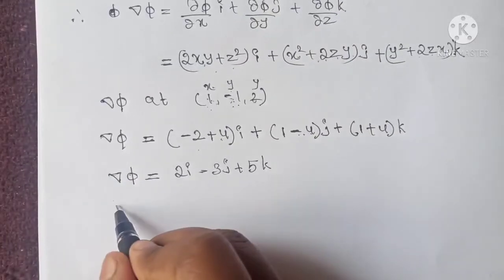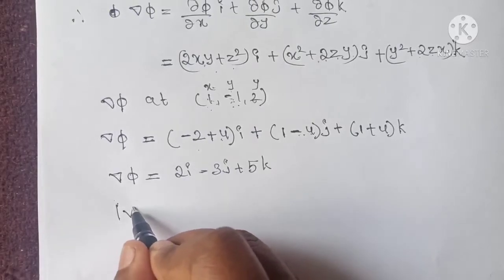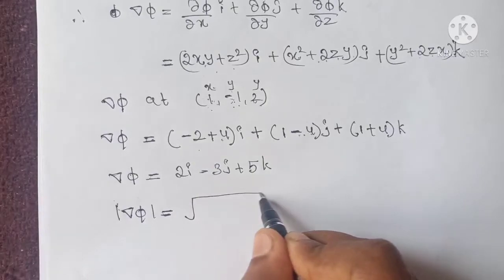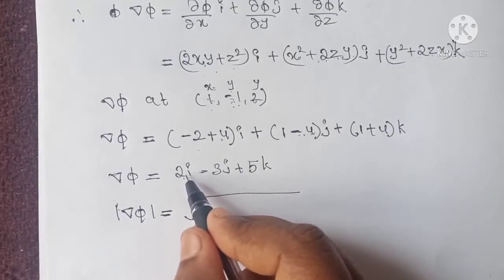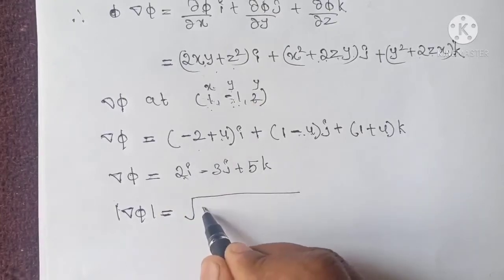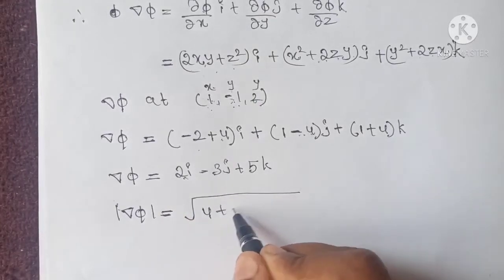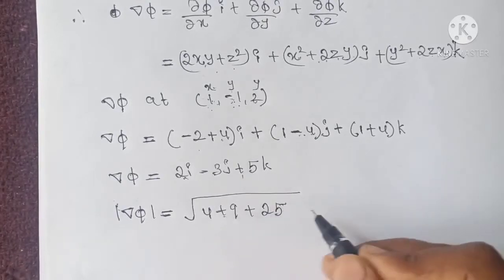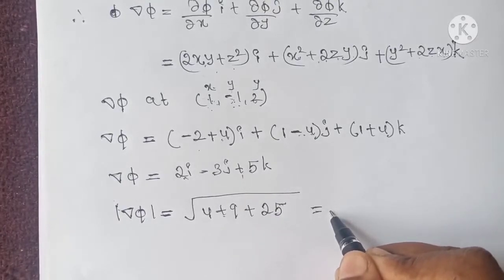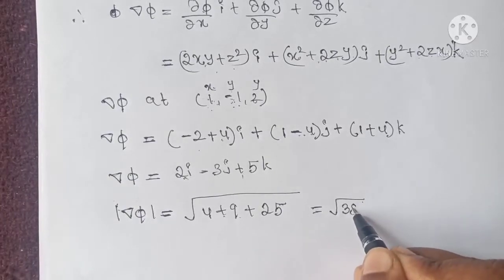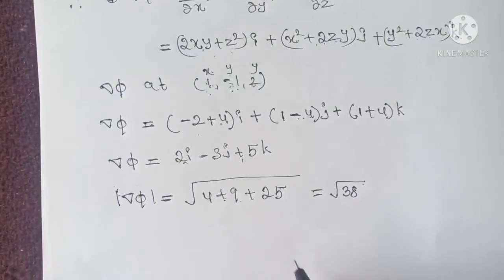Now we have to find the mod of del phi, that is given by square root of the coefficient of i squared: 2 square is 4, minus 3 square is 9, plus 5 square is 25. Next we add all these. On adding all this we get 38. Okay.